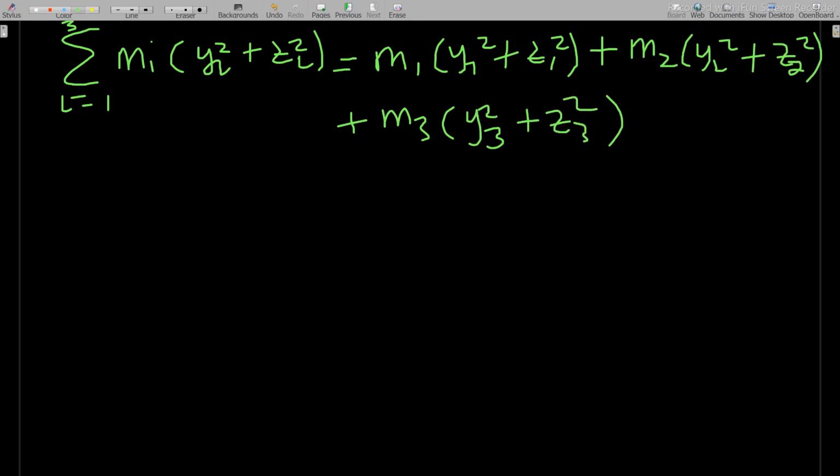Now you go to the position vectors. Our mass 1 is 1.5. y1 is very simple, y1 is 2. Just refer to your listing of position vectors.